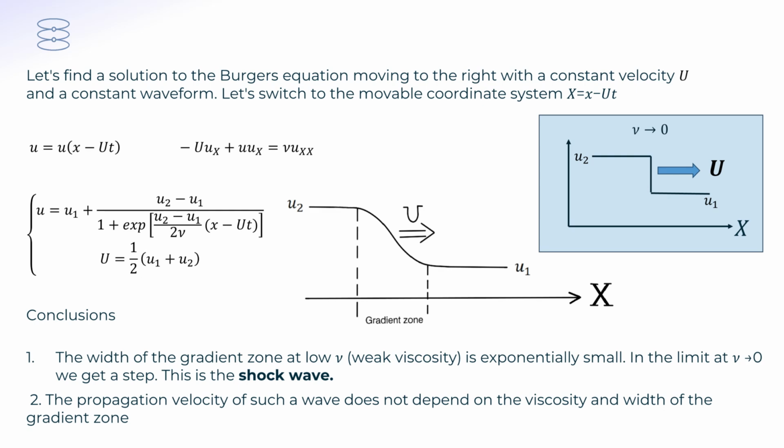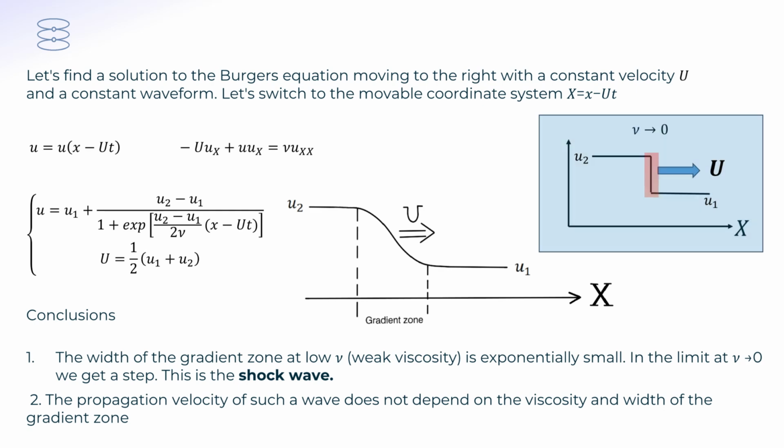The width of the gradient zone at low viscosity parameter, so weak viscosity, is exponentially small. In the limit when this coefficient tends to 0, we get a step. This is a shock wave. You can see it here.